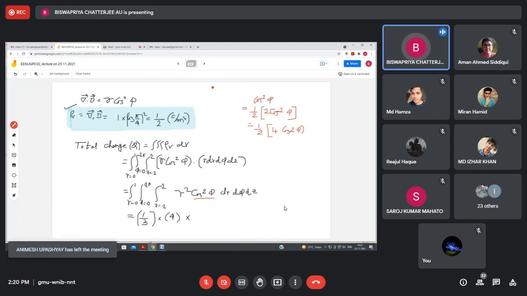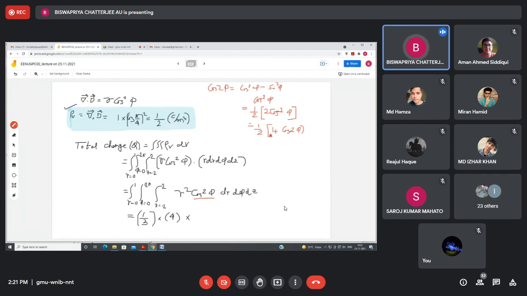Good. That means cos 2 phi, the formula was cos square phi minus sin square phi. From sin square phi you can write 1 minus cos square phi, so it is 2 cos square phi minus 1. So it will be 1 plus cos 2 phi, right?